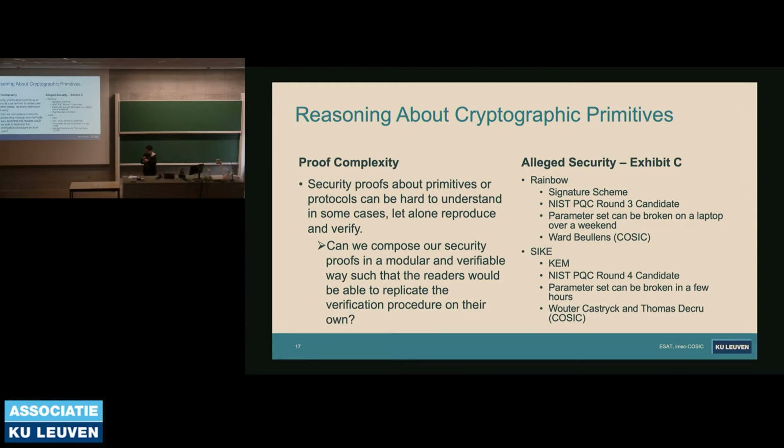But then when someone looked into it, they were able to prove a counterexample and break the schemes. So it would be useful if we can write a proof in a way that's modular and composable, so that we can use a computer to go through the steps of the proof and affirm to us that what we're doing is actually sane.